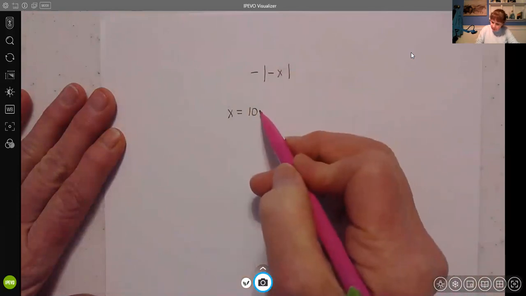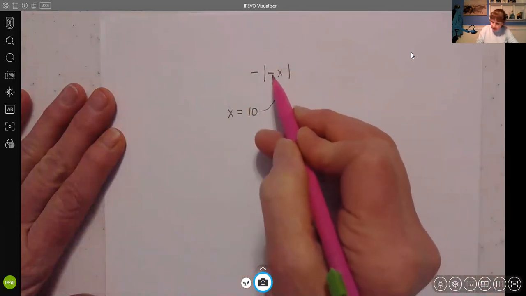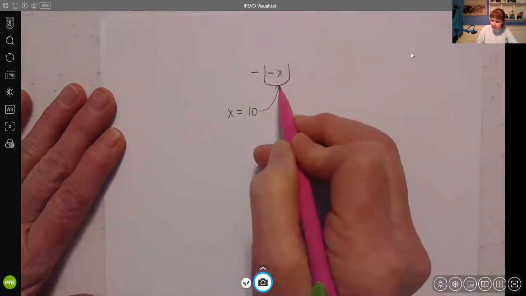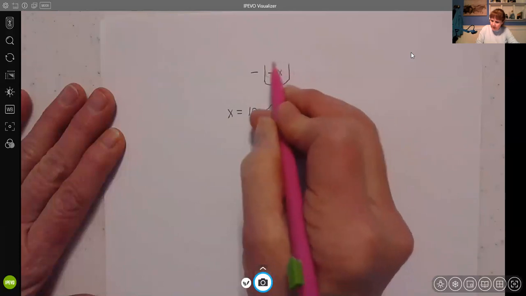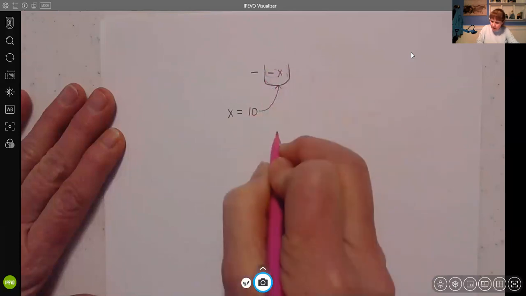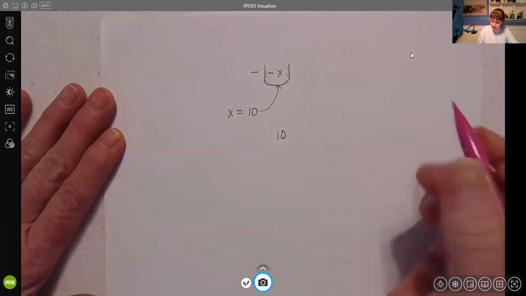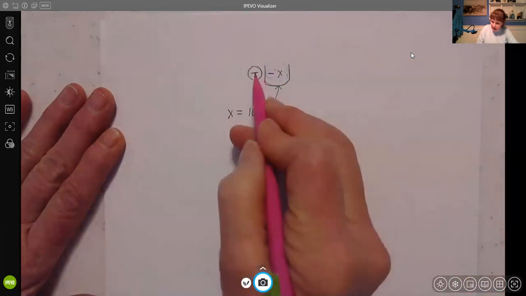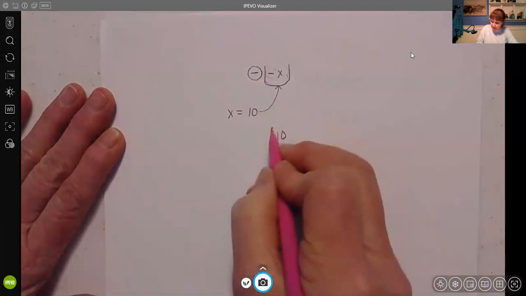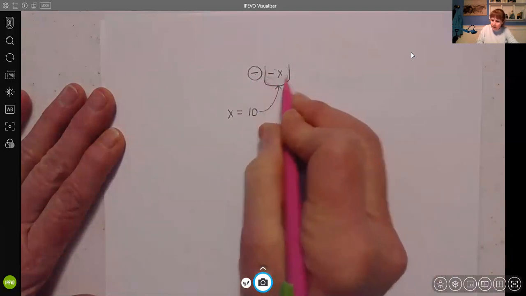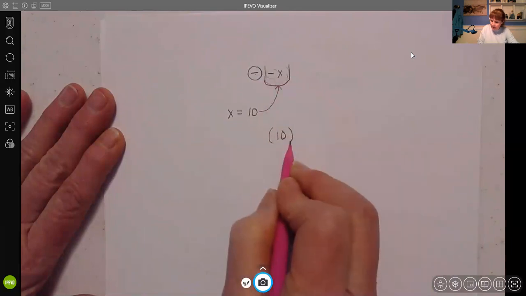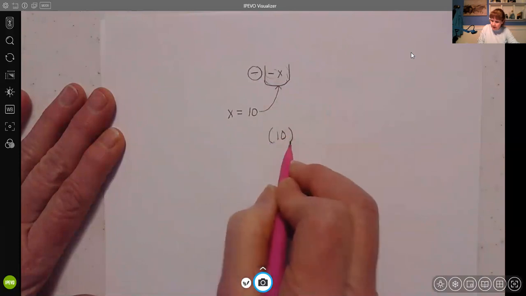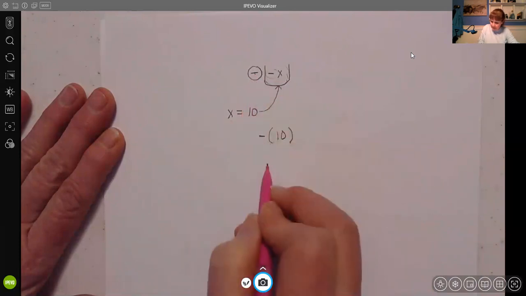Well, I know that when I put 10 in, even though I have this negative, it doesn't matter because absolute values are always positive. So this section right here will be a positive 10. And I have this outside, which means take the opposite after you've done the absolute value. So I'm going to replace the absolute values with parentheses, and then I'm going to take the opposite of that.